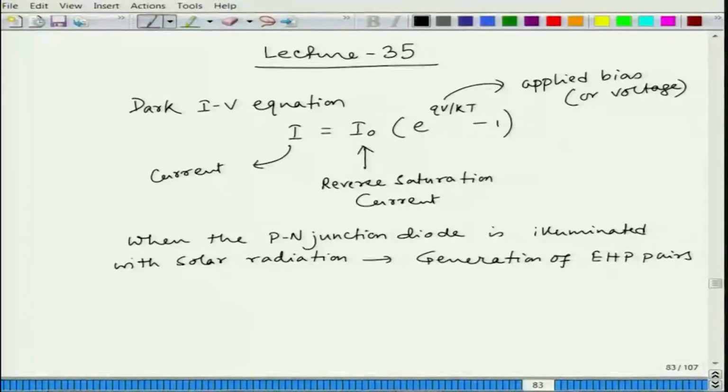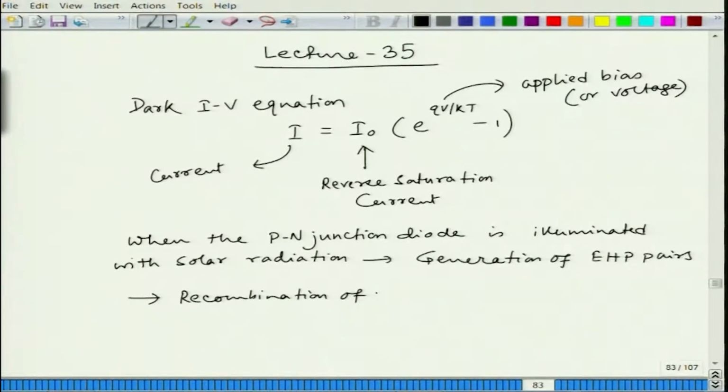And of course, whenever there is generation, there will be some recombination as well. Or I should not say a fraction of that; it is basically recombination of all of that. If you take out the generation, after a certain time everything will recombine, because there is no extra energy to sustain that generation.